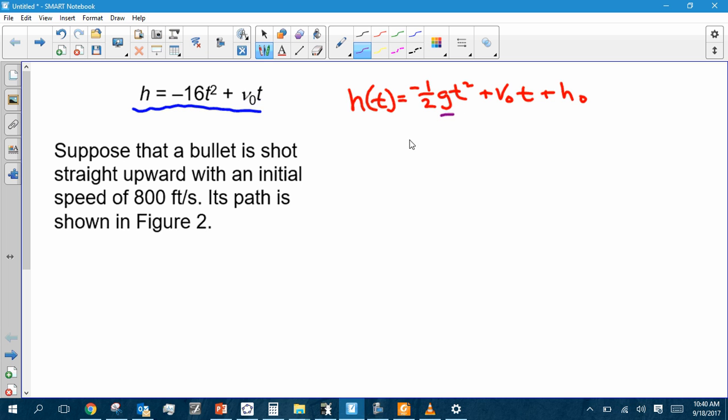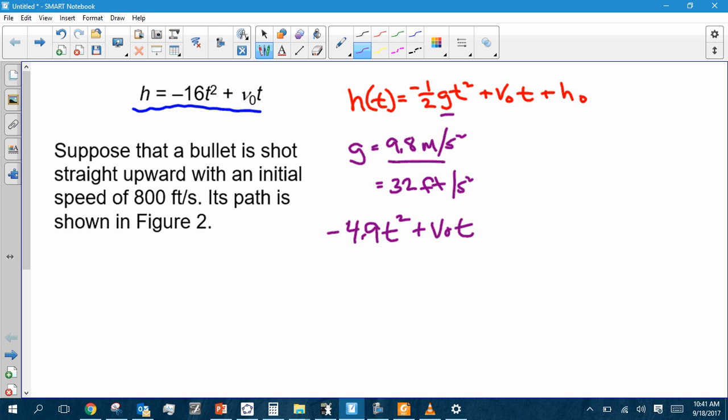In a physics class, acceleration due to gravity is approximately 9.8 meters per second squared, and in feet, that's about 32 feet per second squared. So when we take negative 1/2 of that, we get negative 4.9 for that term, then t squared plus v sub naught t plus h sub naught.